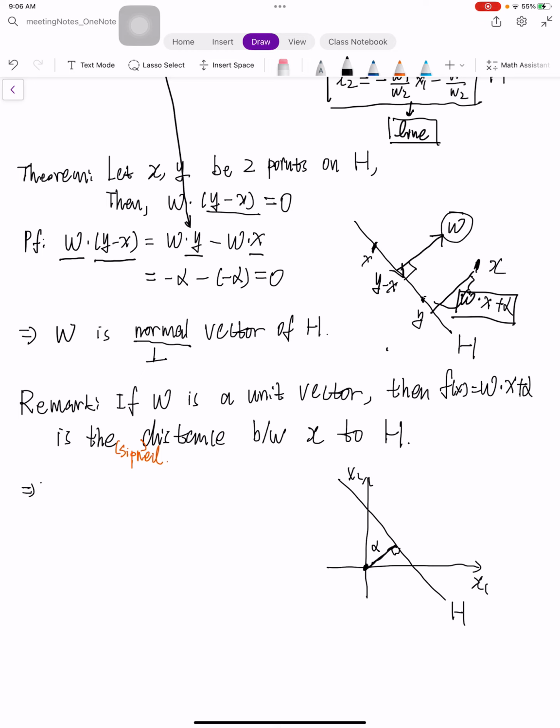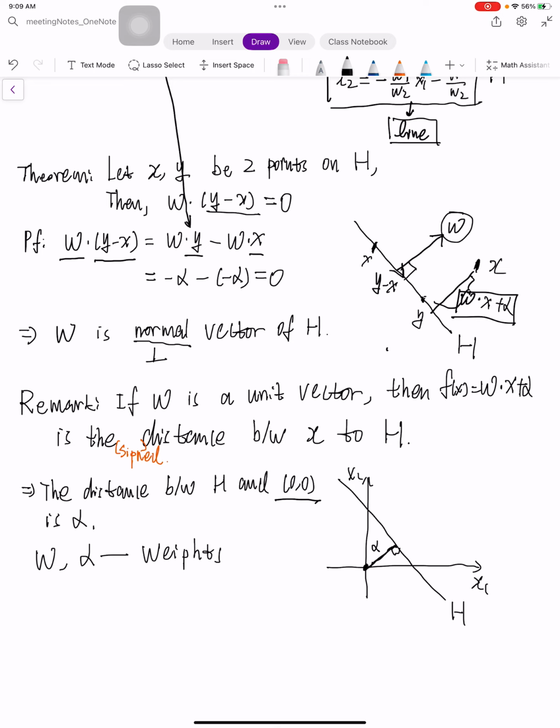So this implies the distance between H and the origin is alpha. Here I just gave you the example of 2 dimensions, but it could be d dimensions. This omega vector and alpha, we call the weights of a linear classifier.